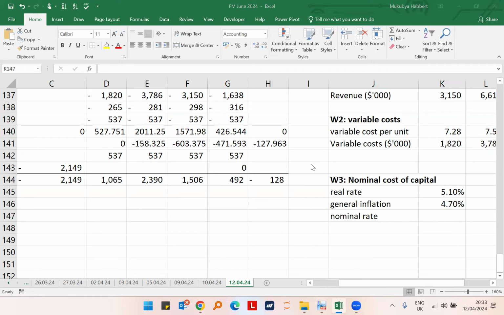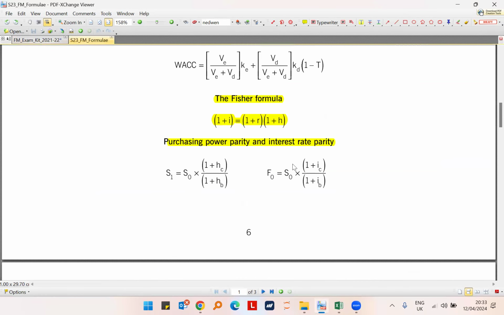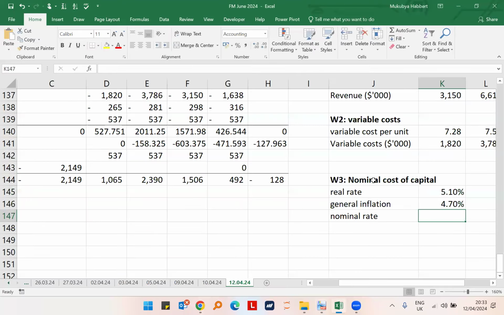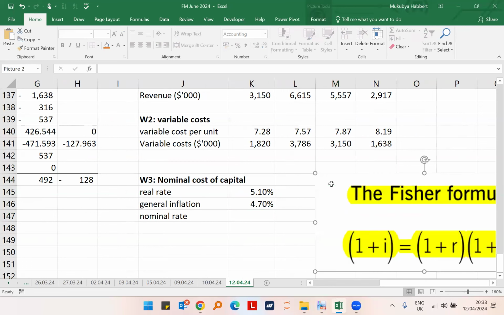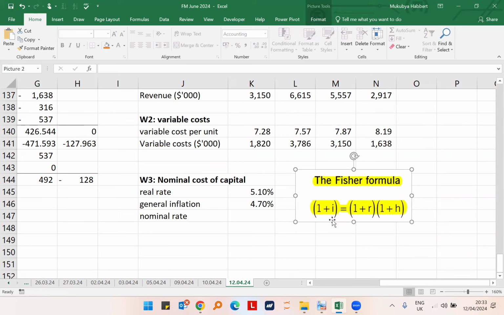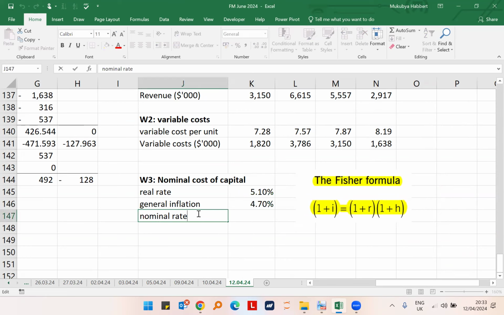Now, in the formula sheet, we have this Fisher formula. Let me just bring it. We have this Fisher formula, and it says 1 plus I, and remember that I is the nominal rate, is equal to 1 plus R. R is the real rate, multiplied by 1 plus H, which is the general inflation.